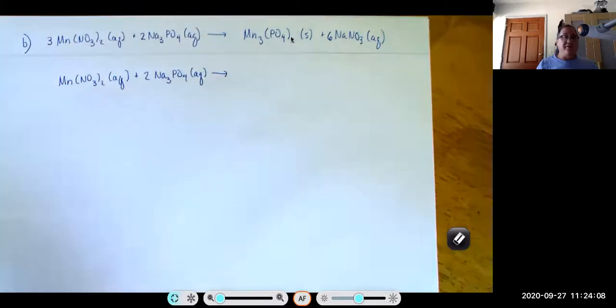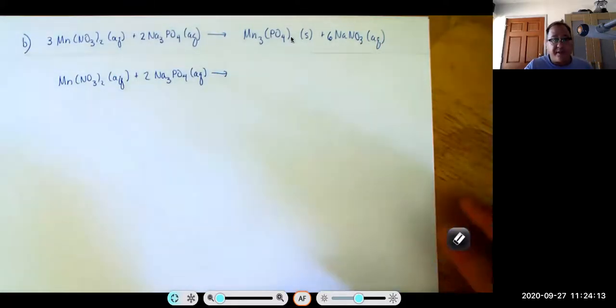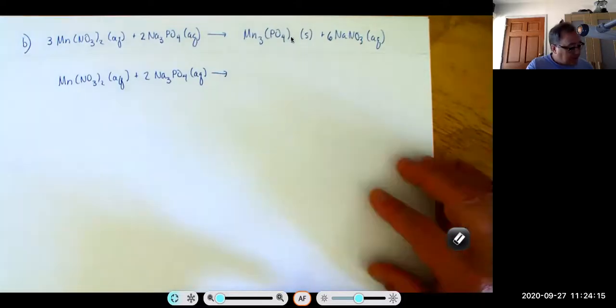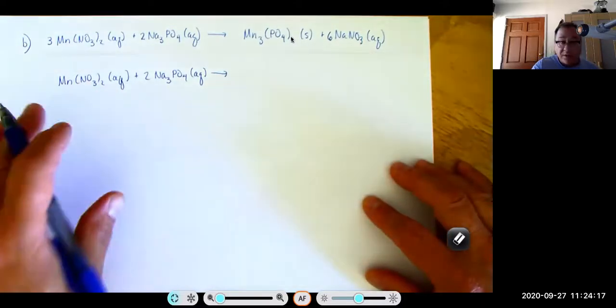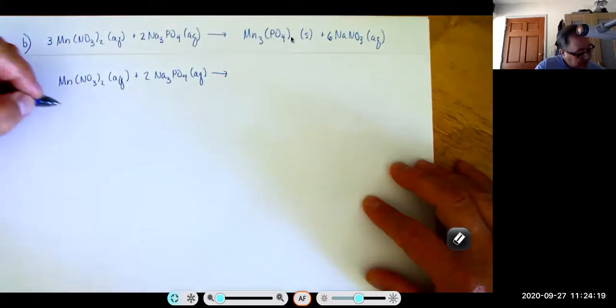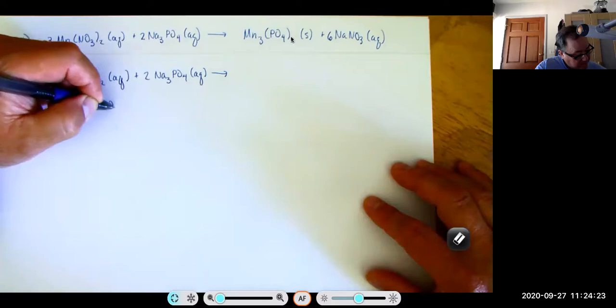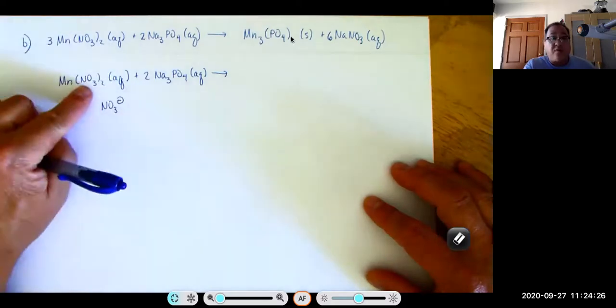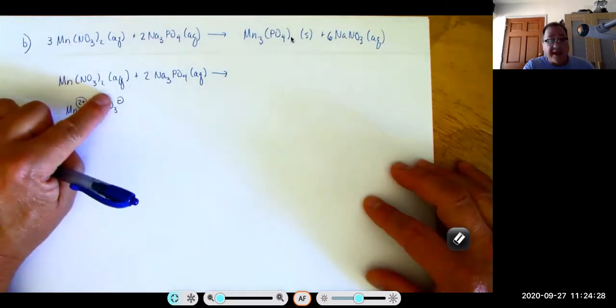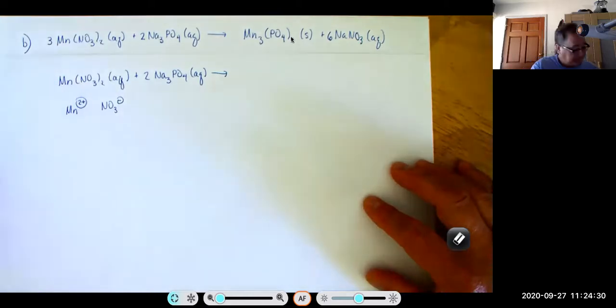that this is all we were given, and we were asked, does an insoluble precipitate form? So the idea here is it really helps if you know what the ions are. Now I know nitrate is a -1, and since there's 2 of them, the manganese has to be a +2.